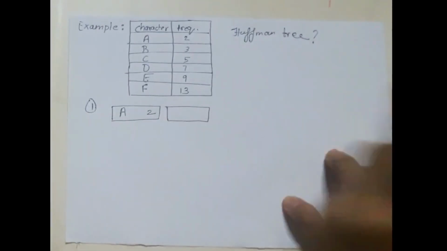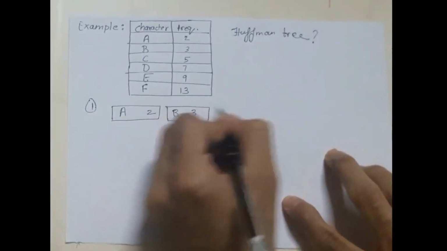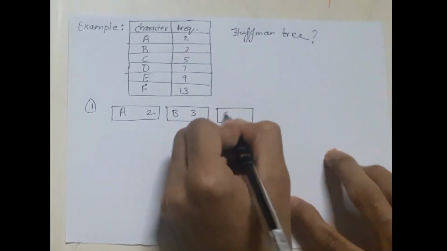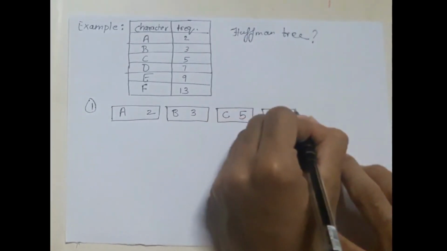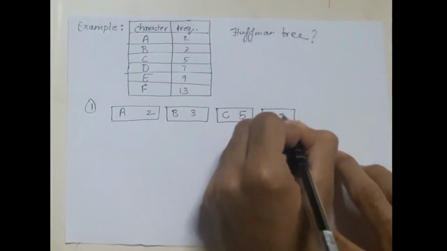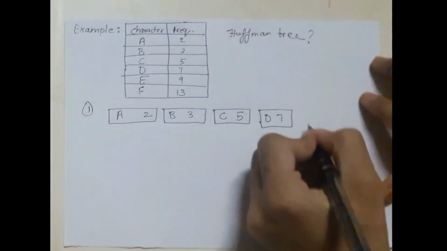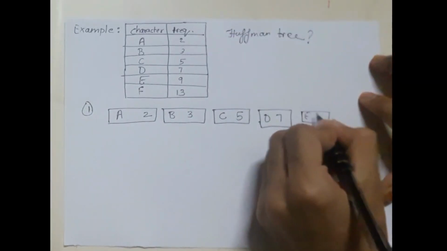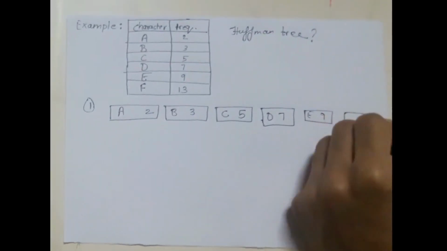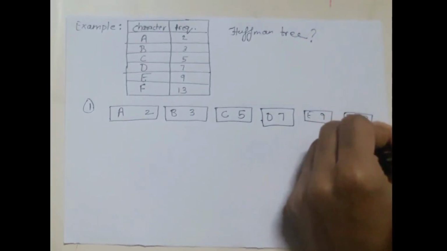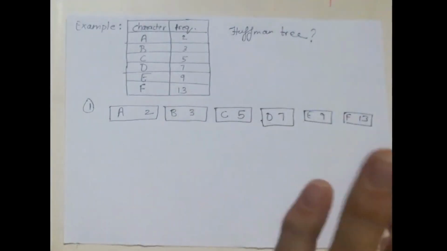Like this, we'll arrange these characters in increasing order of their frequencies: C frequency 5, D with frequency 7, E with frequency 9 and F with frequency 30. Like this we have to arrange.